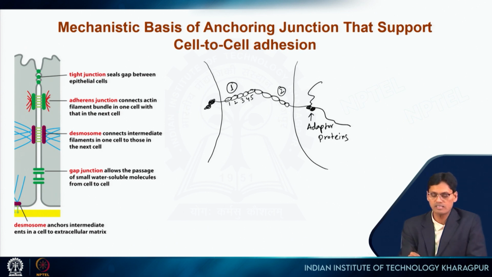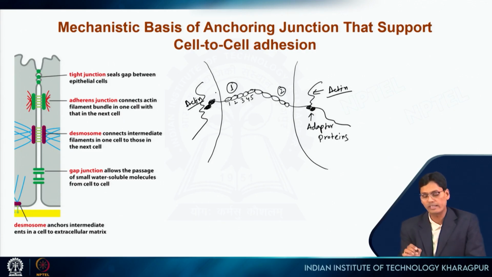Through adapter protein, they will be finally attached to actin. Here, actin. So, now I hope that you understand how these interactions through the extracellular domain of cadherins finally help to adhere these 2 cells together.